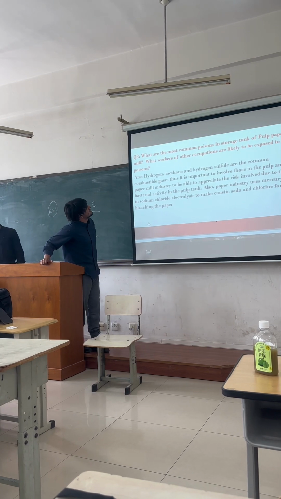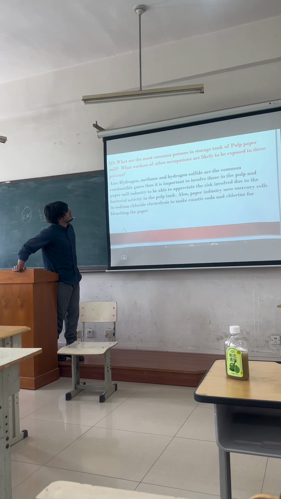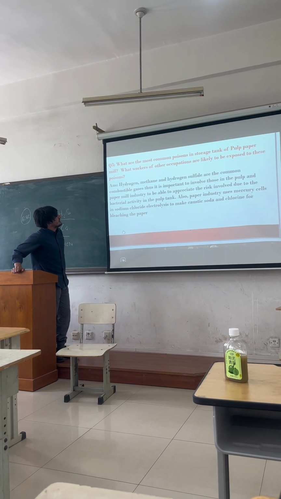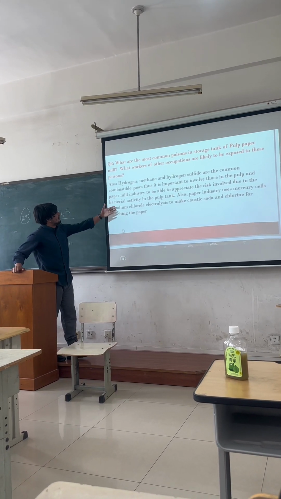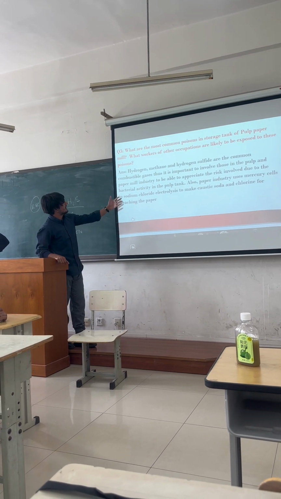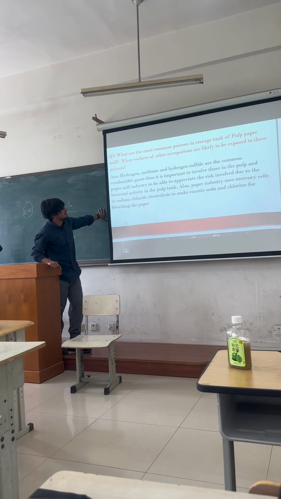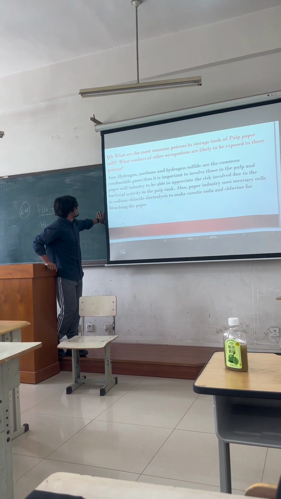Okay, what are the most common poisons in the storage tank of a pulp mill, where workers are exposed? Hydrogen, methane, hydrogen sulfide. We know methane, which we use as gas for house purposes, is important in the pulp and paper industry.